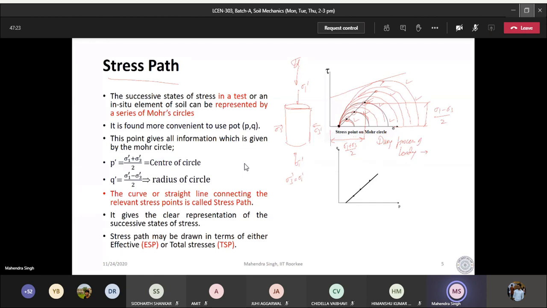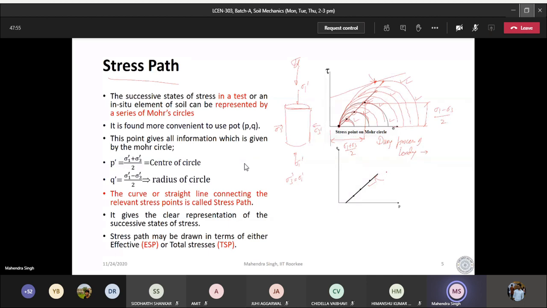They are not failure points. Please note. So it starts from here, here, here. Even this particular last circle is not a failure plane. Failure plane is somewhere here. So failure plane is given by this point. So when we join these points with a smooth curve, there is a relationship we can find out, how stresses have been changing.